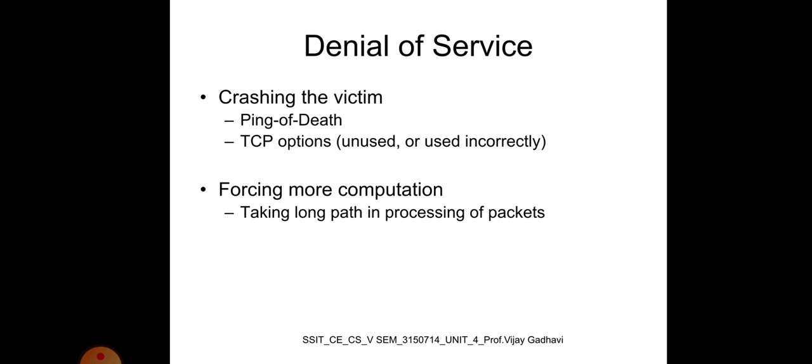Here we see denial of service is all about crashing the victims, like the ping of death. TCP options are unused or used incorrectly, forcing more computations and taking a long path in the processing of a packet.